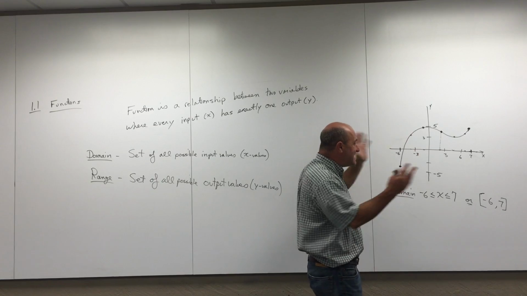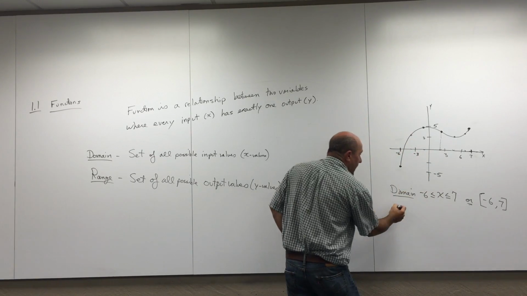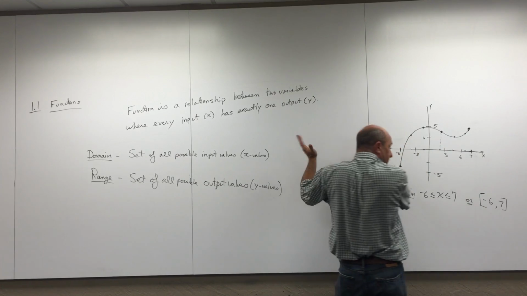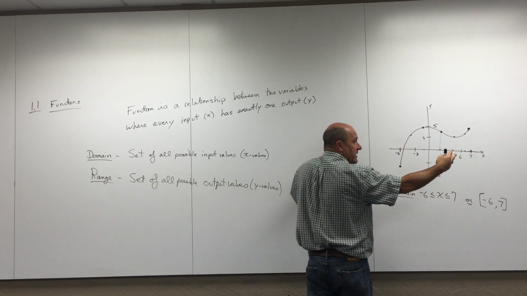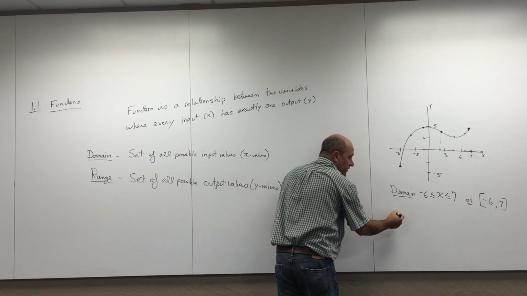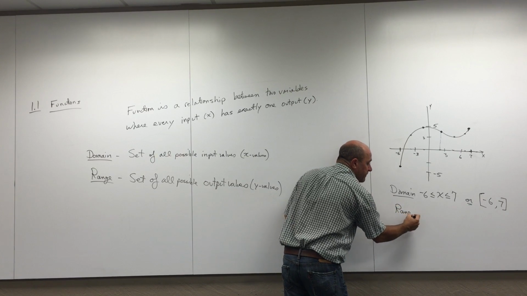So good, that's easy. Domain and range visually to me is kind of easy because I can see the left and the right, furthest left, furthest right, possible x's, all possible x's. What about the y's? The lowest and the highest y, the range is what? -5 and 5.